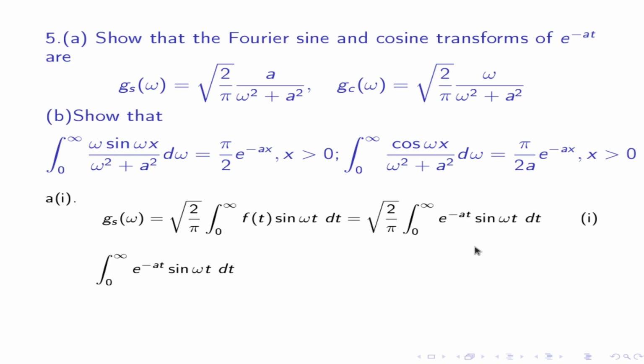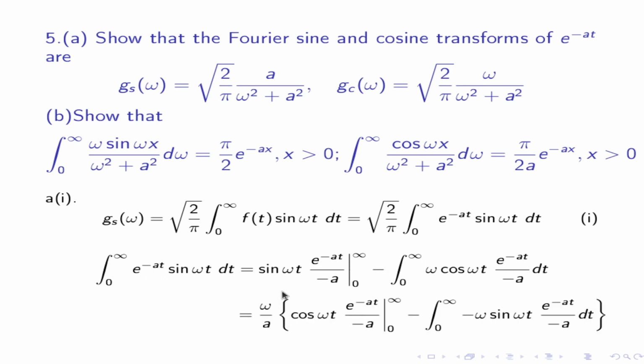First we can calculate this one, integral 0 to infinity e raised to minus at sine omega t dt. Using integration by parts: sine omega t is the first function, integral of the second, minus integral of the differential of the first times integral of the second. So we have omega by a cos omega t.